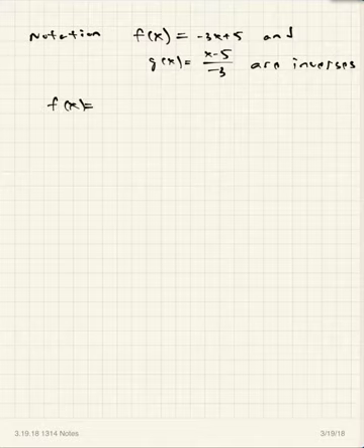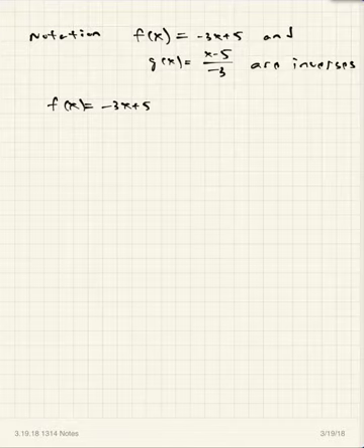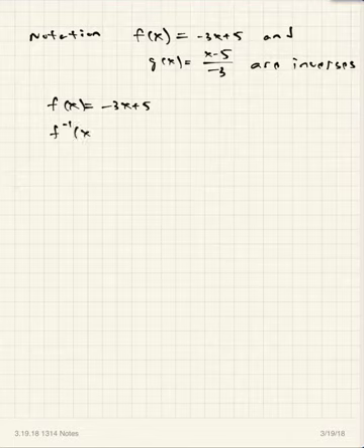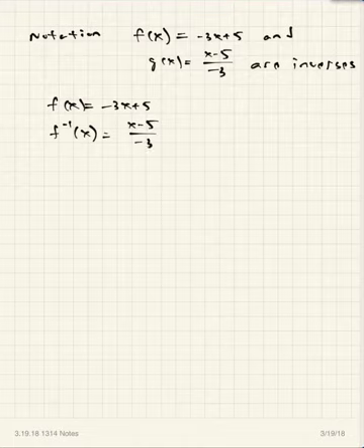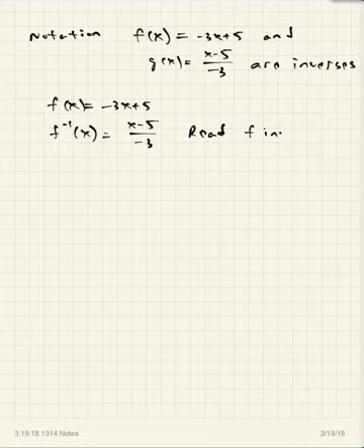We write f of x is negative 3x plus 5, and instead of just naming the other function g, we use this notation for the inverse. And that notation right there is read f inverse. You don't read it f to the negative 1. That is not an exponent. You read this f inverse.